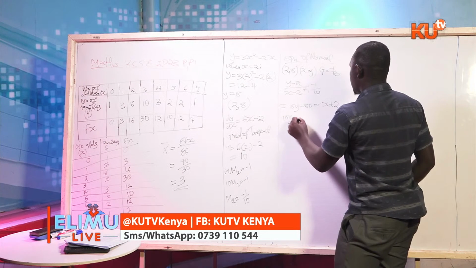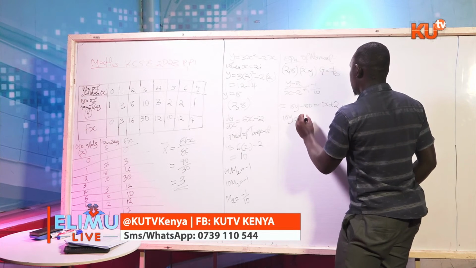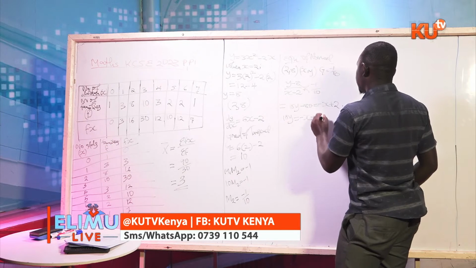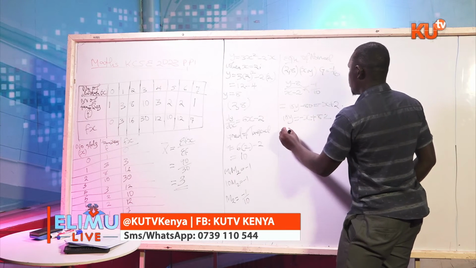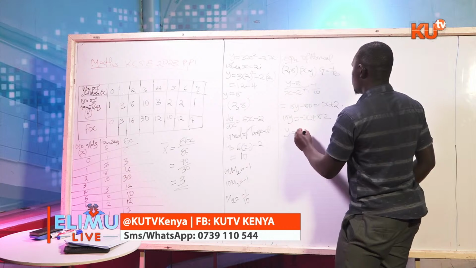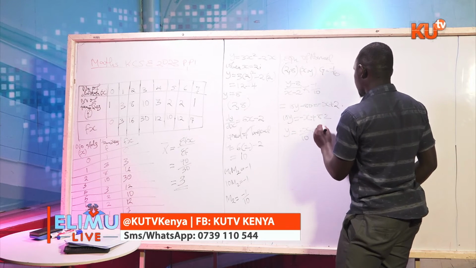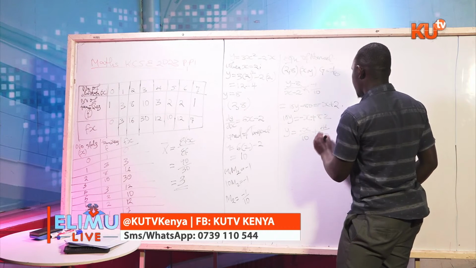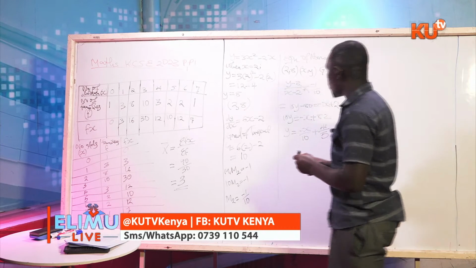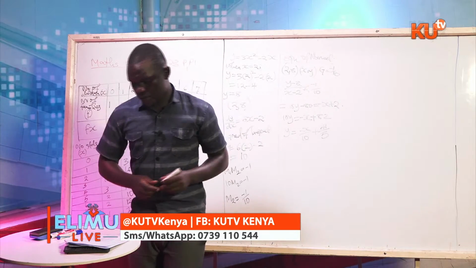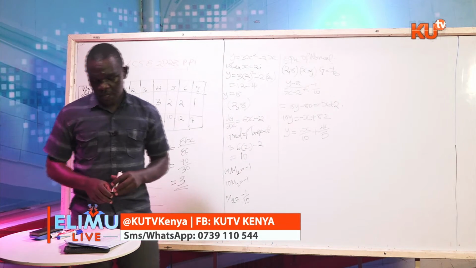This is 10y equals to negative x plus 82. So someone can say y equals to negative x over 10 plus 41 over 5. That is the equation of the normal. And that's how you are to get that point.